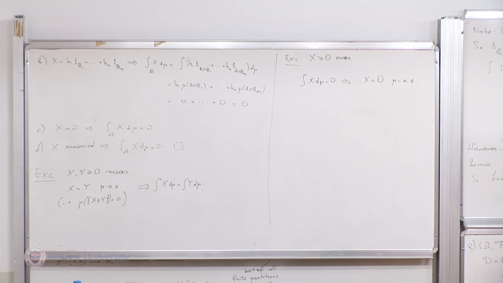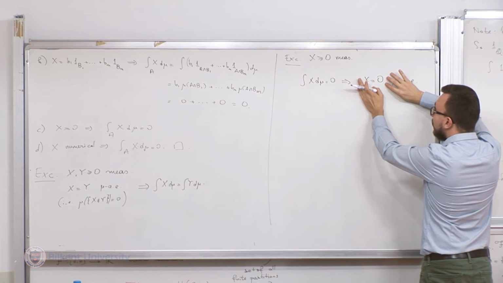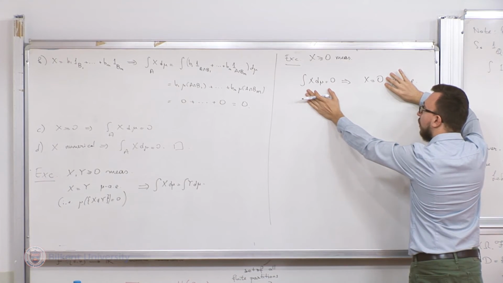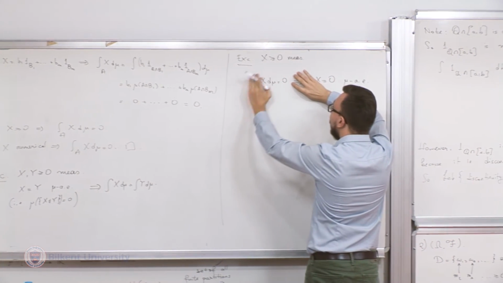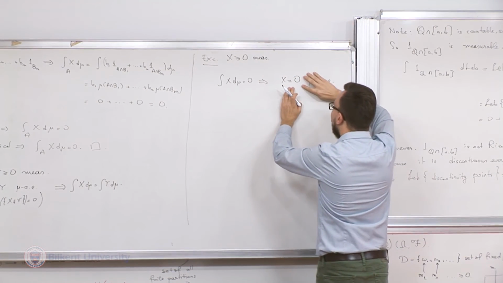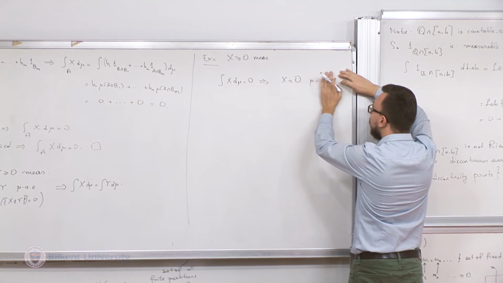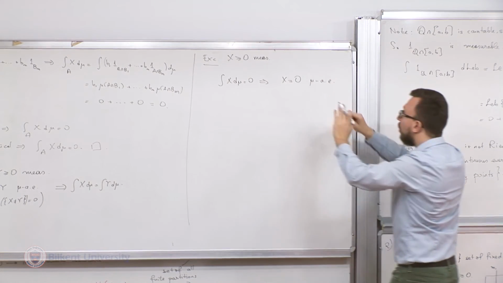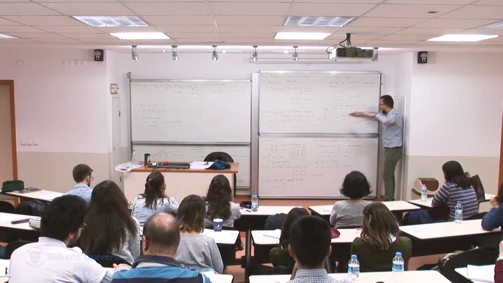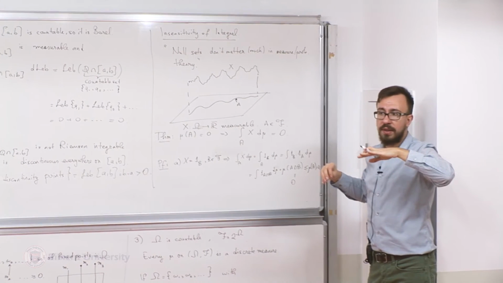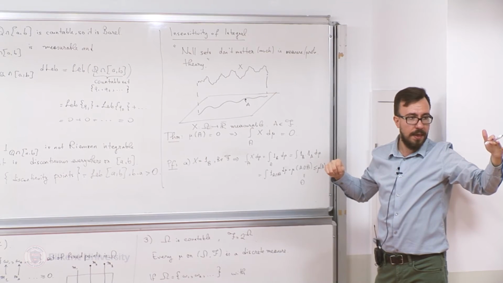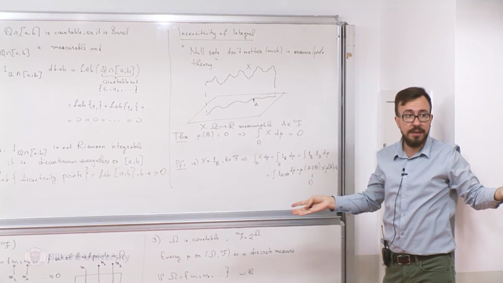So if x were completely 0, you would believe that the integral is also 0. And now we're assuming that the integral of a positive function is 0. This implies that x is 0 almost everywhere. Because if it is non-zero on a null set, its integral on that null set will just be 0. So the function can be free on a set of measure 0. Otherwise, it should behave nicely.